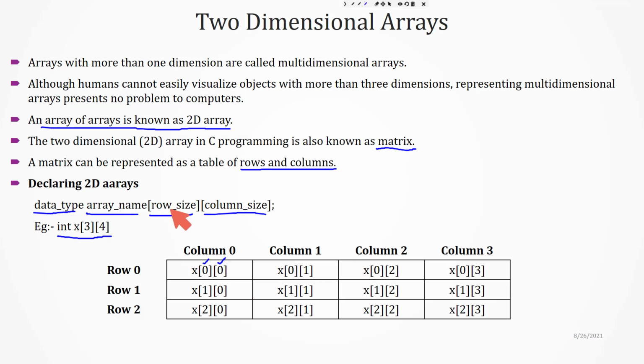The possible row index values are 0 to row size minus 1, I am writing RS minus 1. And the column index values range from 0 to CS minus 1, column size minus 1.